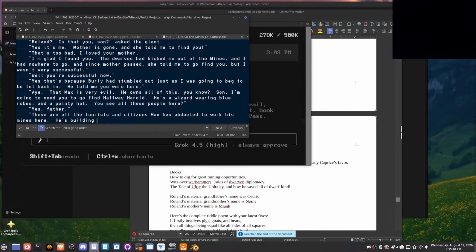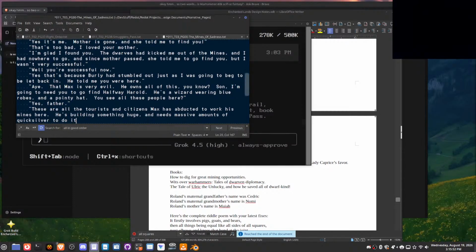He's building something huge. Needs massive amounts of quicksilver to do it.